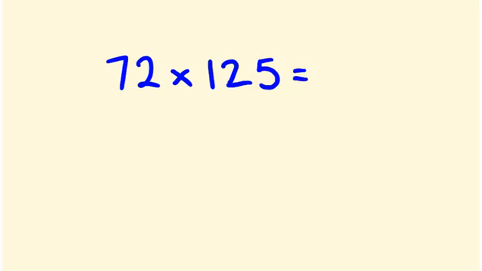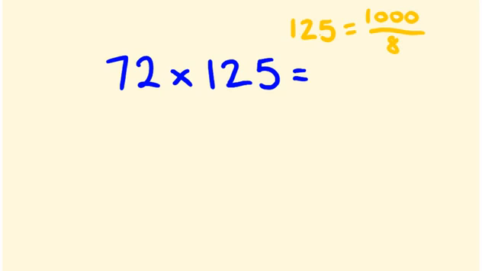Okay, well, before we start on that, we might think of 125 as being 1,000 divided by 8. Okay? You can see that 125 is 5 times 5 times 5. 8 here is 2 times 2 times 2. There's a bit of a relationship there, okay?